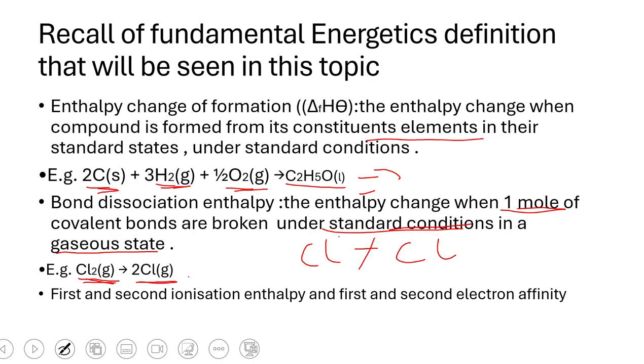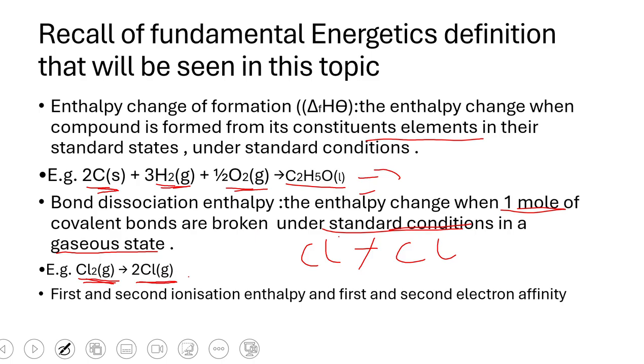It is the energy required to remove 1 mole of electrons from an atom to make the atom a 1+ ion. That's a positive ion. And also the second will make it a 2+ ion.